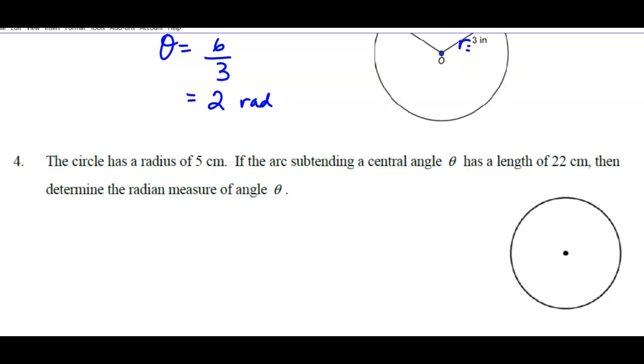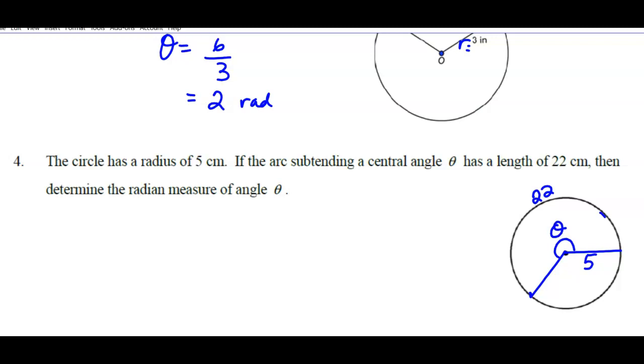Okay, circle has radius 5, you can label it. Arc subtending the central angle theta has a length of 22. So try to think about it, if that's 5, then this would be, say, 5, 10, 15, 22, something like that. So find the measure of that.